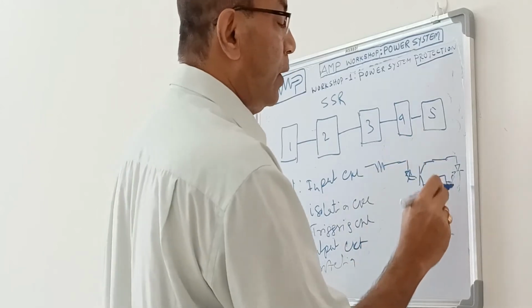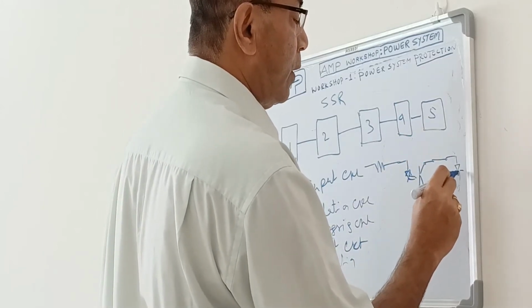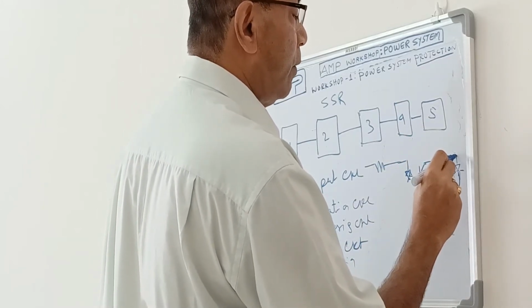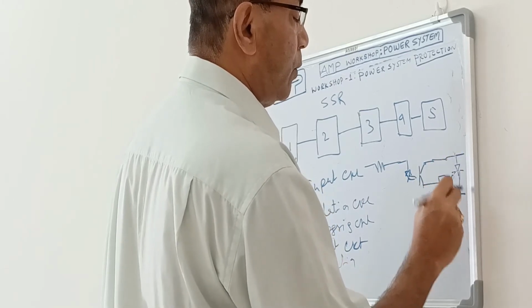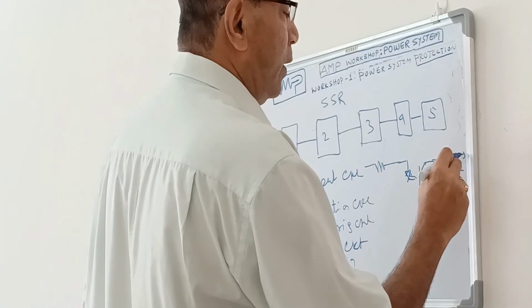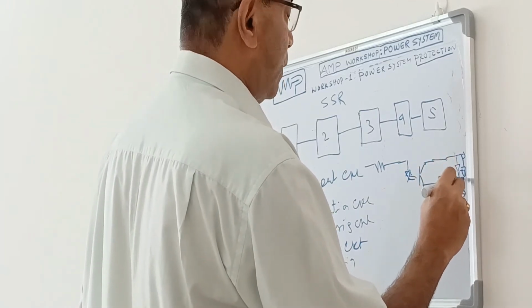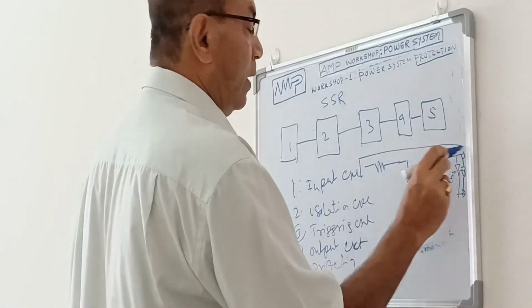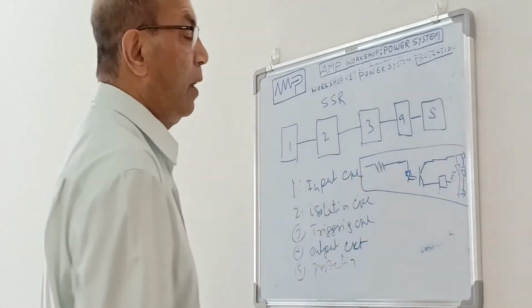This SCR is conducting and will give the output, then go to the load, and after the SCR there will be a filter circuit. It looks sometimes like this. These are the typical arrangements.